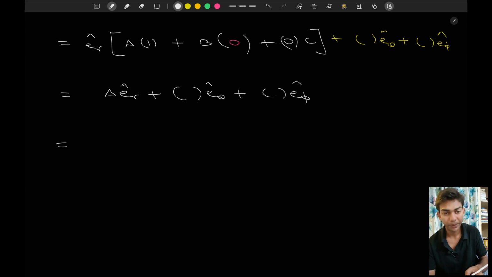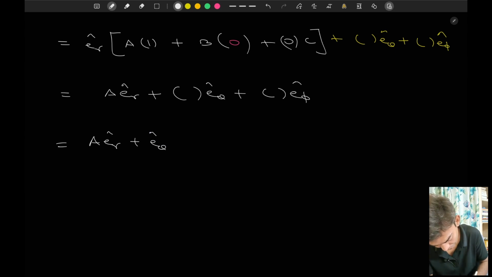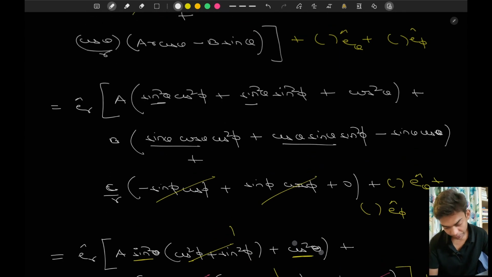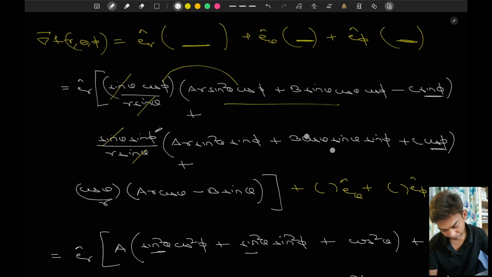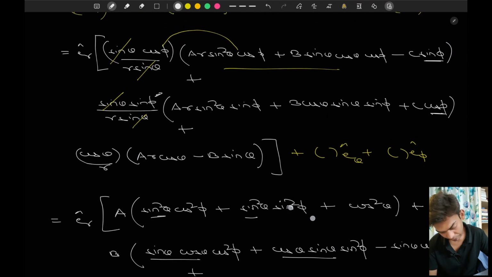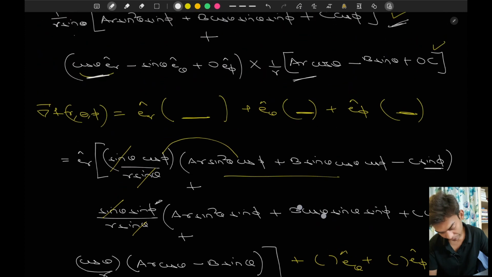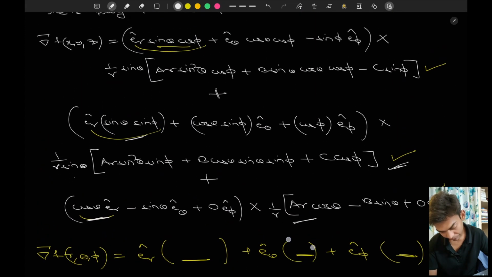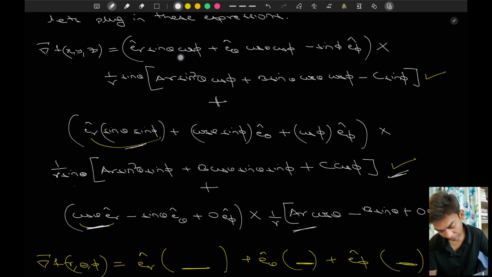And again we have to repeat the same process we did for er. So we have er plus there is e theta. Now for e theta, what we have to do? Here is the expression.